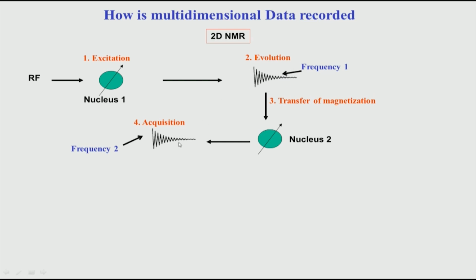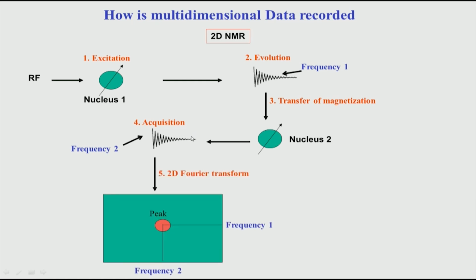So, these two pieces of information are coupled to each other, and this is detected physically by using a receiver. This is like the 1D NMR where we detected the signal, but here we did not detect at first, we simply allowed it to evolve with chemical shift. During that process it transferred, we then excited this nucleus and detected its signal, but the signal that comes out has the information of this.